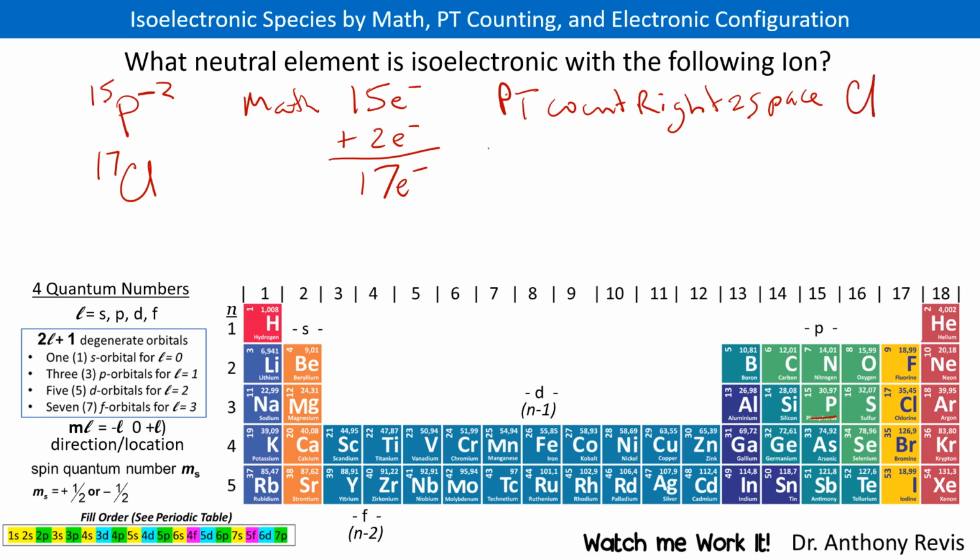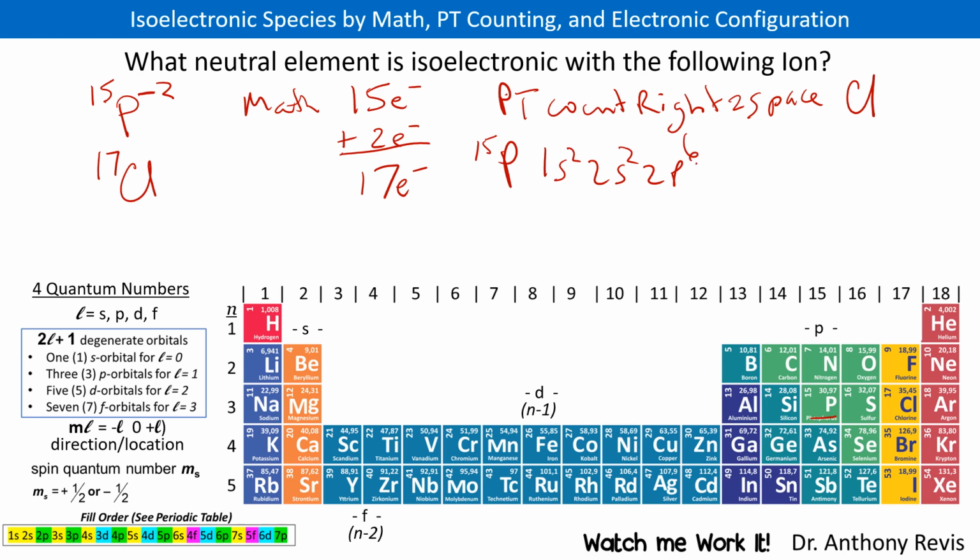If we write the electronic configuration, we can tell this too. Let's write phosphorus 15 first. Let me clean it up just a little bit for you here. Okay. So phosphorus 15, and we would have 1s2, 2s2, 2p6.